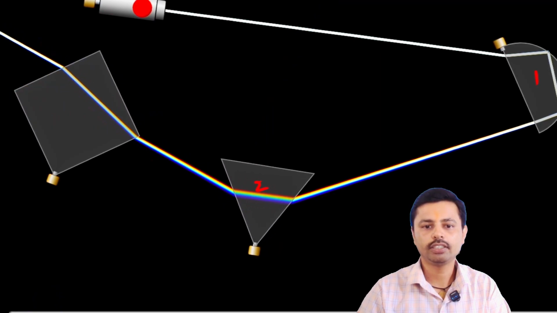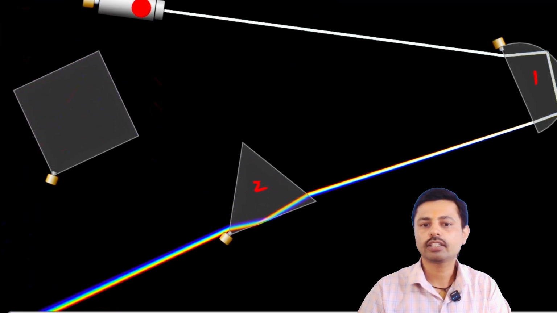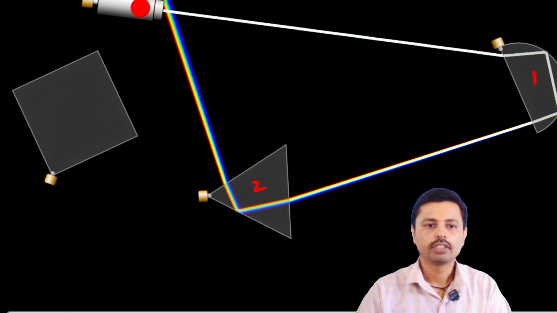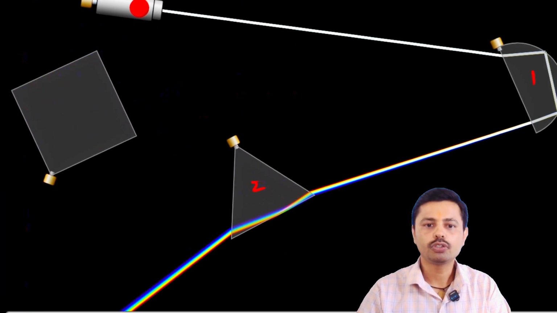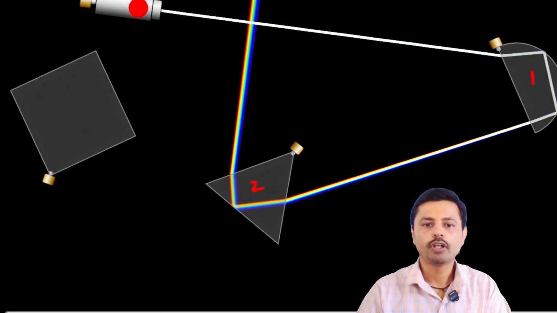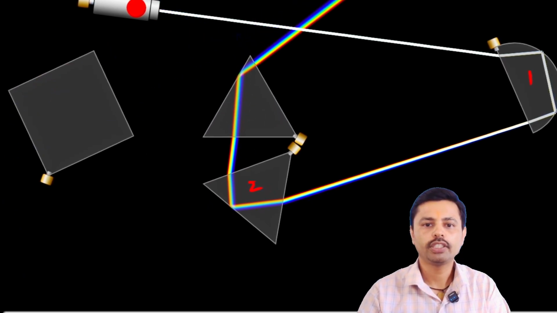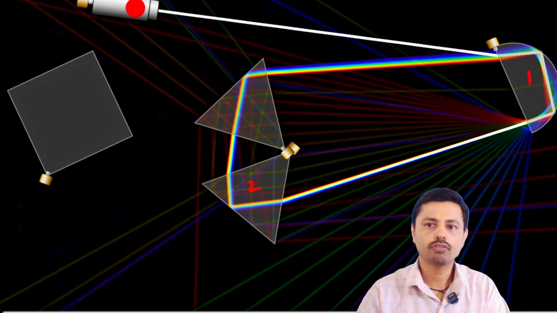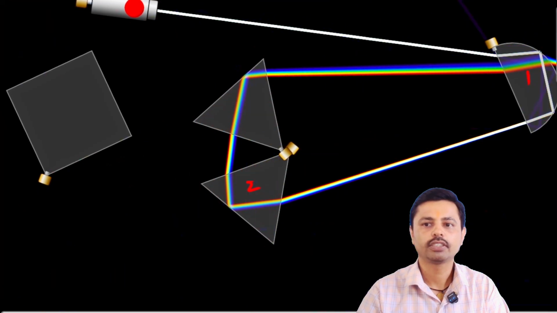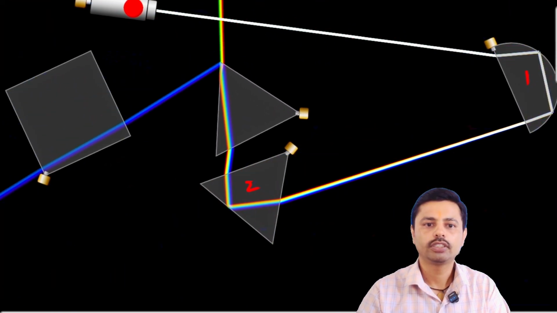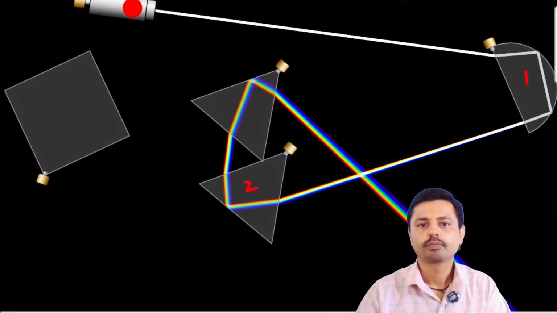And that's the reason diamonds are cut at a particular angle, and also they show the phenomena of total internal reflection. That's why total internal reflection and dispersion of light, all these things take place. See, this is another prism.